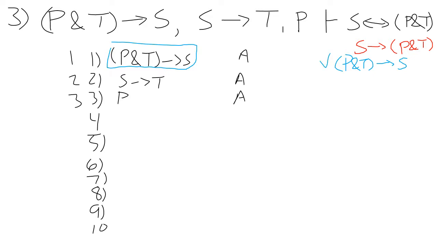We need to prove our S arrow P and T. How do you prove a conditional statement? Well, you assume the left-hand side as a PA, and you look to derive the consequent, so in this case it's P and T.